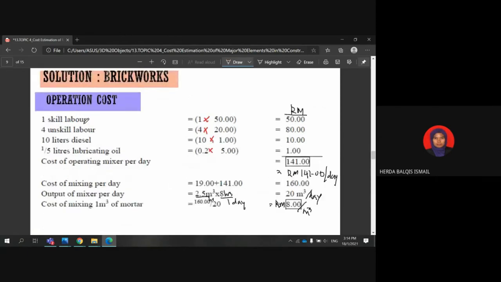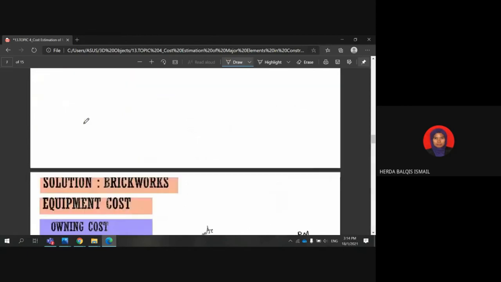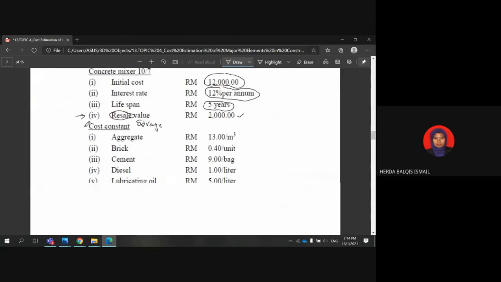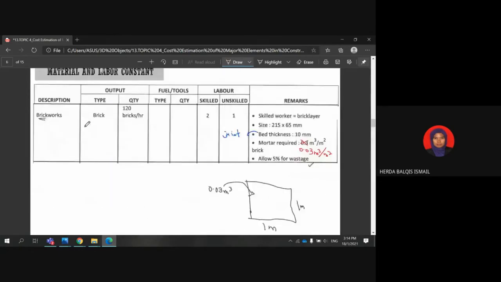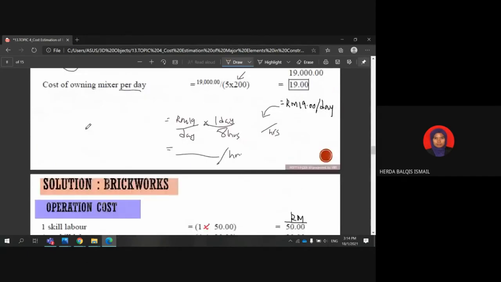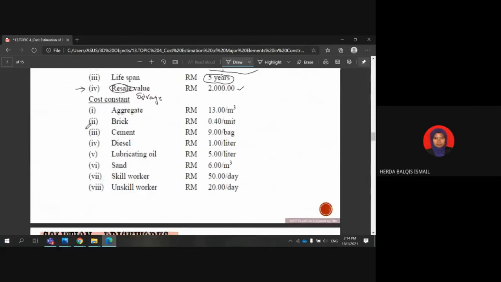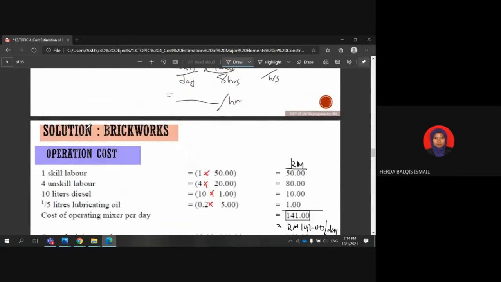Here the question stated what is required to operate the mixer. For the operating cost, in order to operate the mixer, it requires one skilled labor and four unskilled labor.